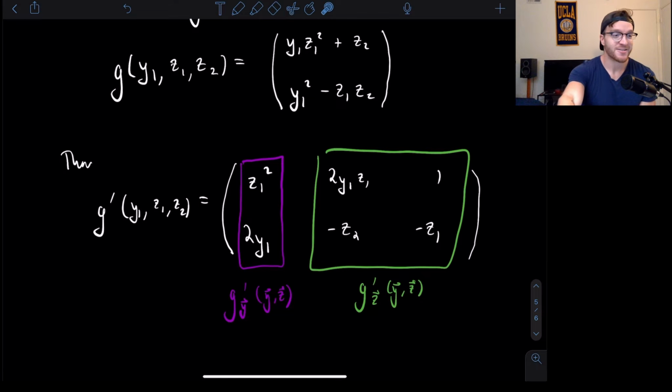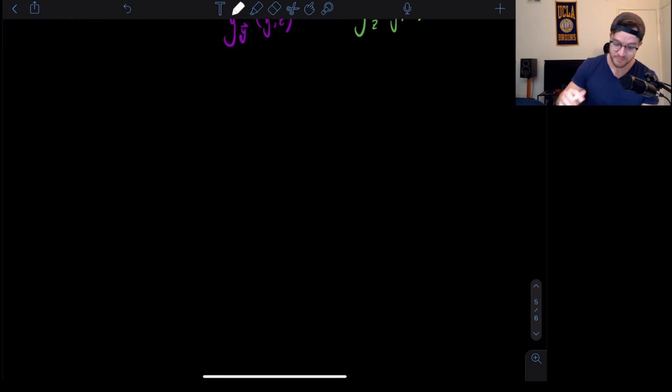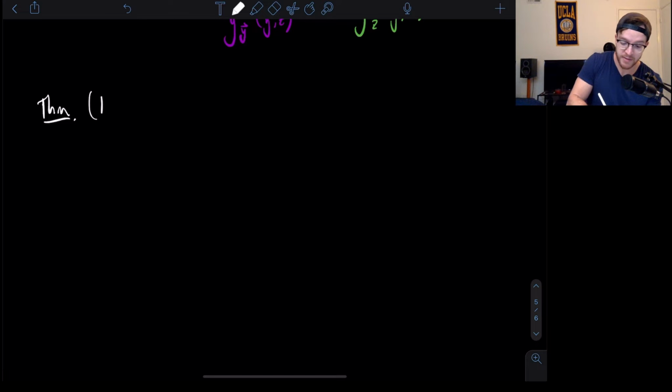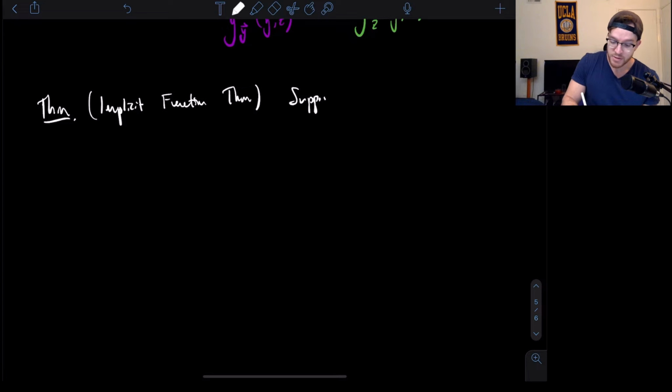Okay, so finally, I can actually tell you what the implicit function theorem says. So here's the theorem. This is the implicit function theorem. The setup is, suppose that we have this function g.